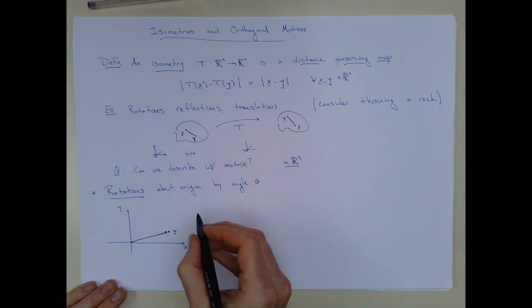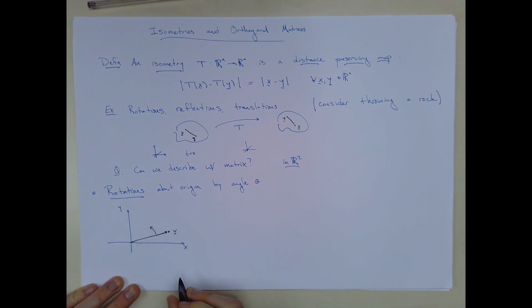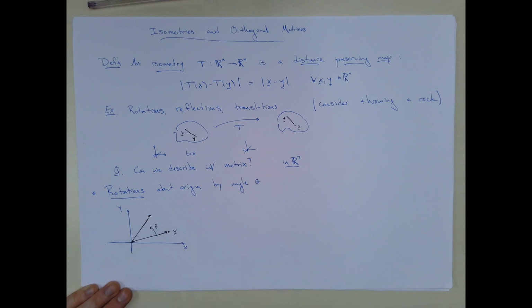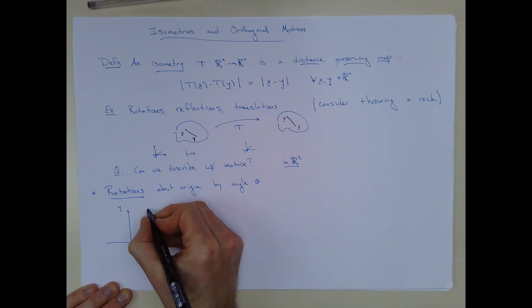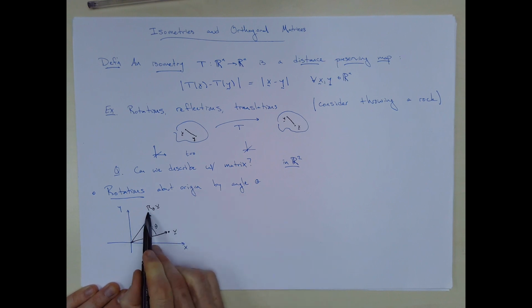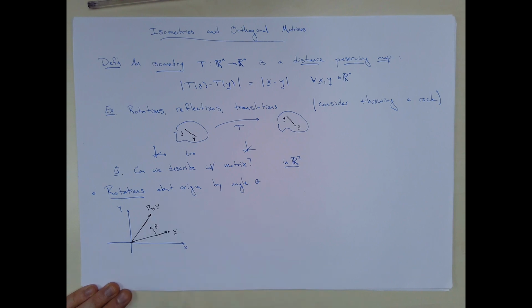So that's taking this vector, rotating it this way by angle theta, and not changing its length. If that's vector v, I want to imagine the map which takes v to, let's call this R theta v. So I'm denoting the map by R theta, and this is the image of that map. And I ask, how do I describe that map?